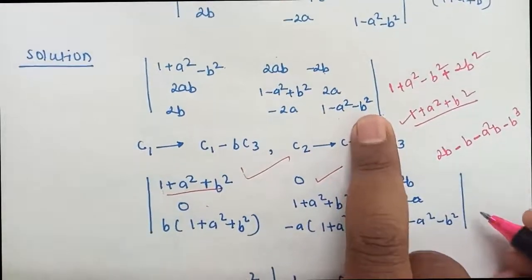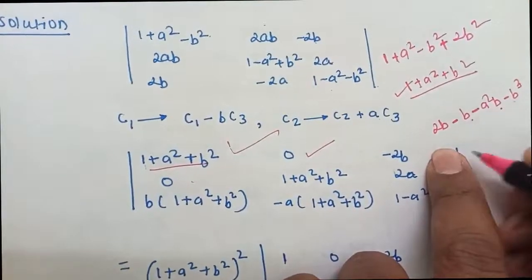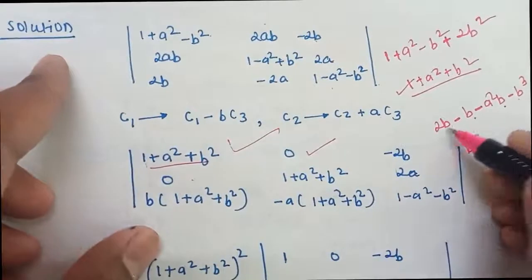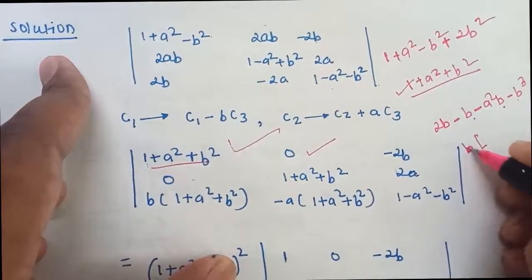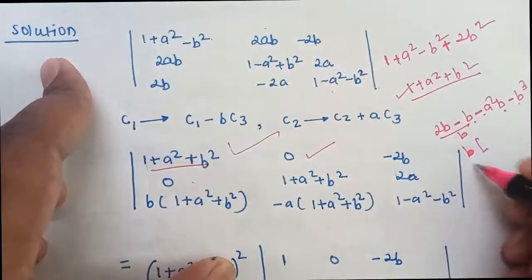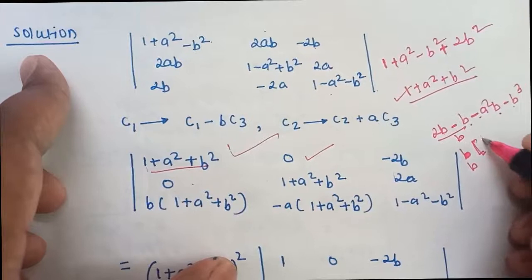This is what I want. Now I can take b common, so I will get 2b minus b, simply it will be b here. So b minus a square b minus b cube, take the b common from this one, so it will come 1.